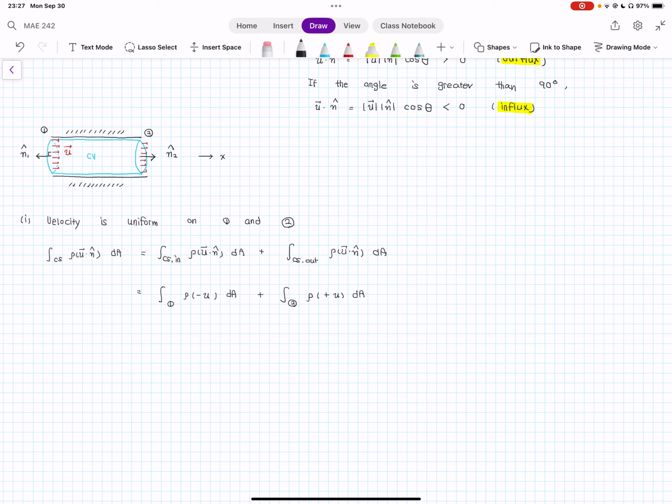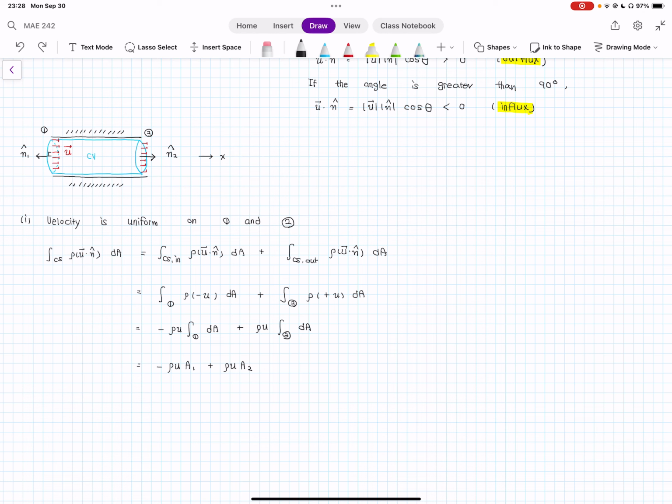So if we assume that the density is constant, and again this velocity u is constant, I have minus rho u on surface 1 dA plus surface 2, taking the density and the velocity out, rho u dA. That gives minus rho u A1, plus rho u A2, and this should be 0 if area 1 and area 2 are the same.